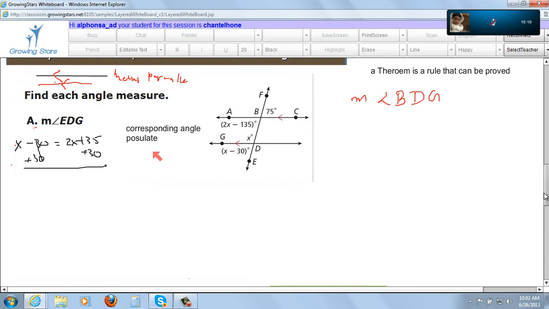So mention here addition property. The property is known as addition property. And what is addition property? You're writing here adding plus 30 on both sides. Clear?